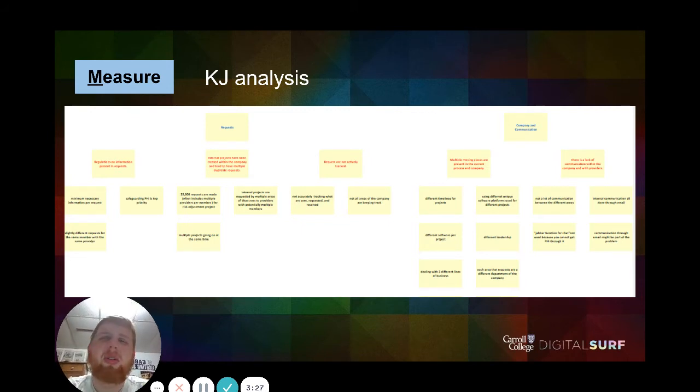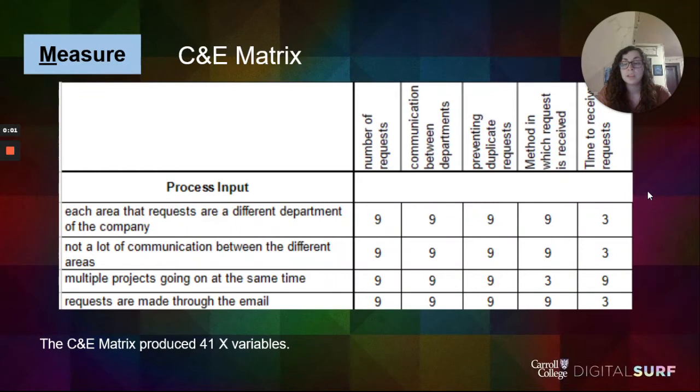We also, like I said earlier, this is to make sure that we don't miss anything in the process that could be causing issues. So all the black level data on this will go over into the C&E matrix. So that's where we're going to head next. The C&E matrix is part of the measure phase of the DMAIC method.